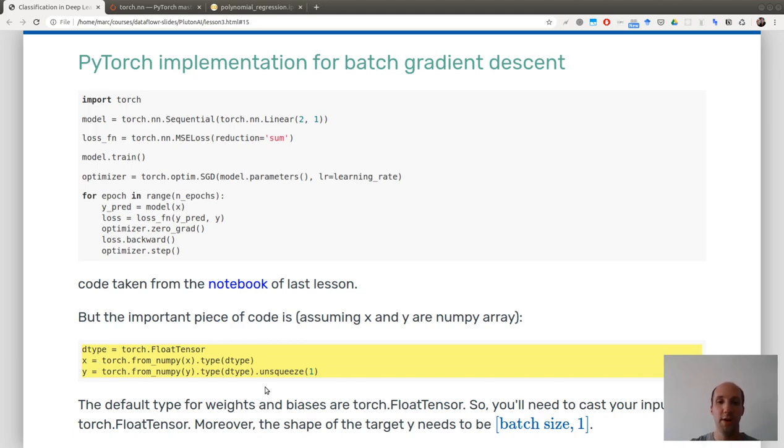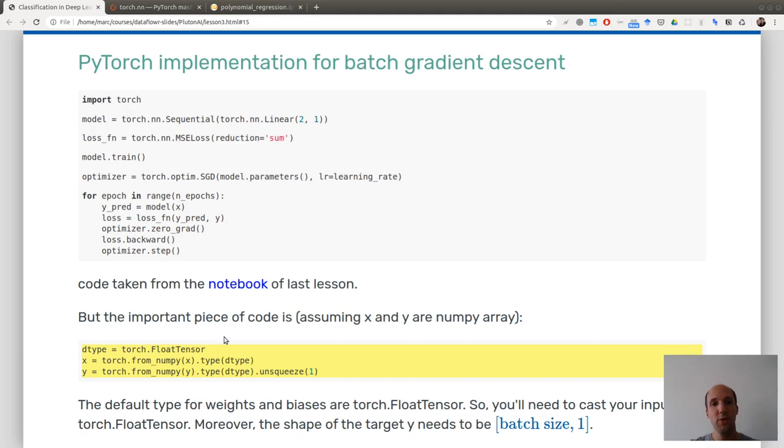And the other thing you will perhaps not be familiar with, at least at the beginning, is this unsqueeze(1). So what is unsqueeze(1) doing? It's adding a dimension to y. So y is just a vector of the targets, the labels. Typically, if you are dealing with batches, you take one batch of the targets, so the dimension by default is just batch size, and that's it.